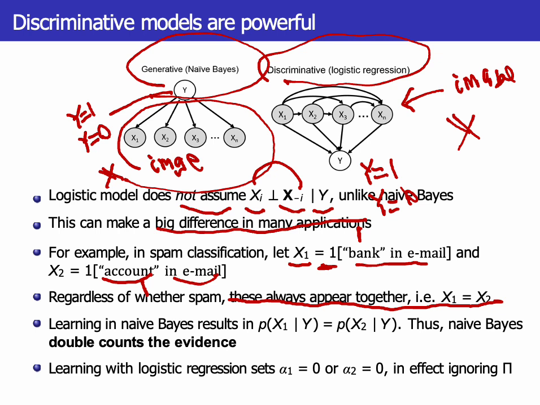Thus, naive Bayes double counts the evidence.